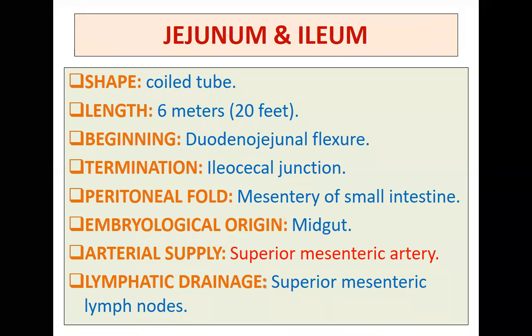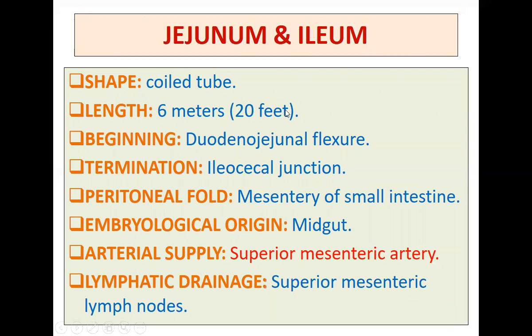Okay, now coming to the jejunum and ileum. These are 6 meters long, very long. The duodenum was just 10 inches, but the jejunum and ileum are almost 6 meters. It is in meters, not in inches. It is a highly coiled tube, 6 meters long.